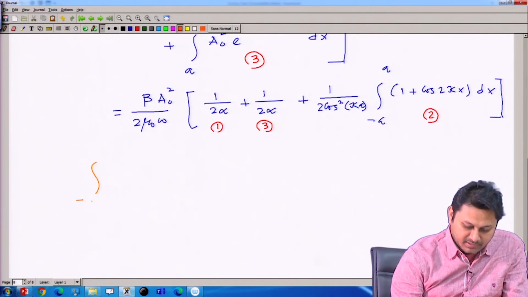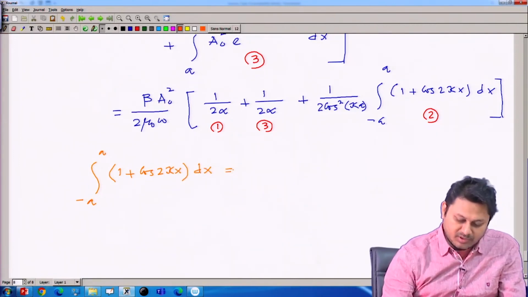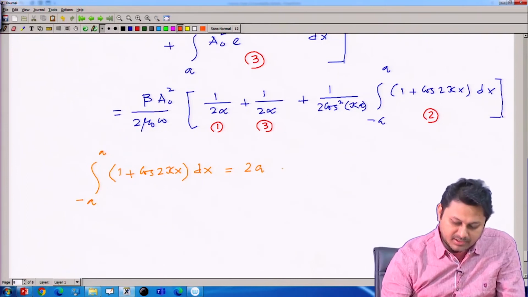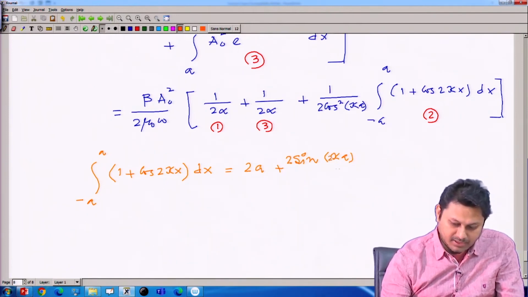The integral from minus a to a of 1 plus cos 2 kappa x dx should be simply 2a, and then the integration of the cos should be sine. So, I should have sine, and if I put this 2 I should have a 2 of that. So, 2 sine 2 kappa a, divided by, during the integration the 2 kappa term will come out.